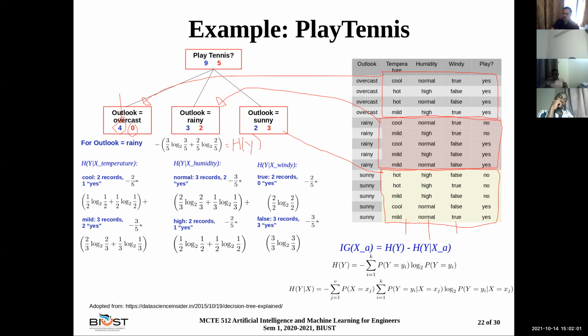You consider the no first, 2/5. So in this case, this part, sorry, I want to make it fast. Okay, the cool, this is the cool part.